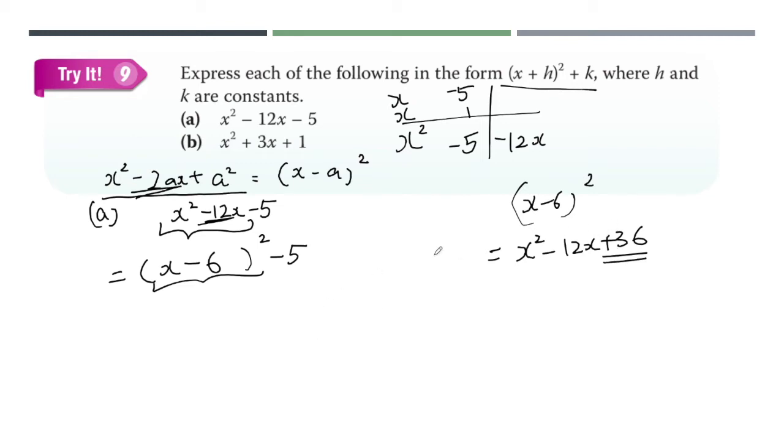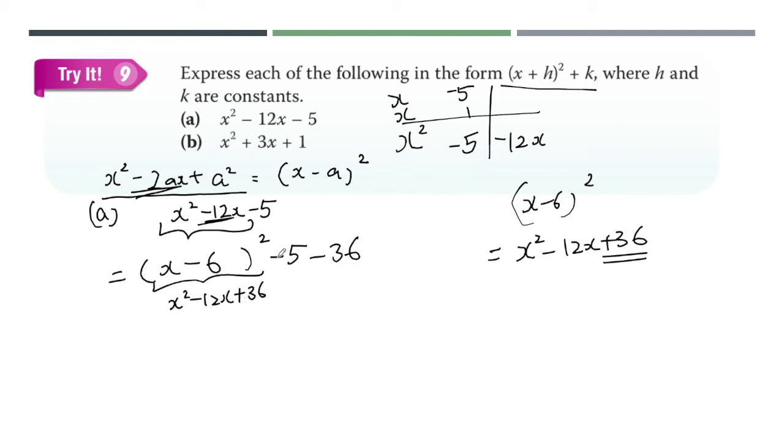And that's not what I want, because this is not supposed to be there. So remember what we did in the previous slide? We just have to minus away this 36. After I expand this, it is x squared minus 12x plus 36. But I don't want this 36, so I just have to minus it at the back. There's no more 36 anymore.